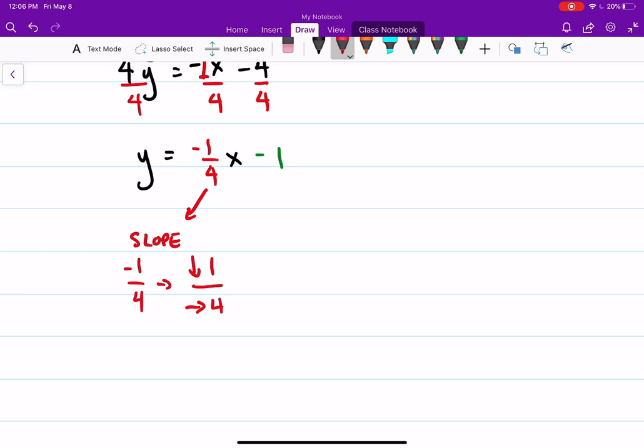The 1 is negative, so I go down 1. And this is my y-intercept, which is 0, negative 1.